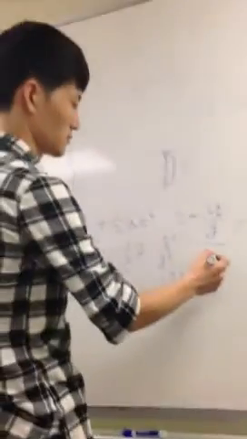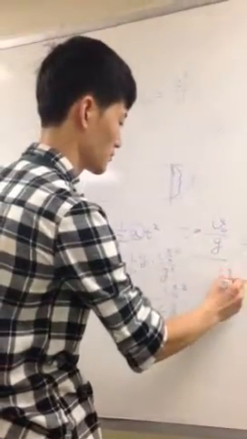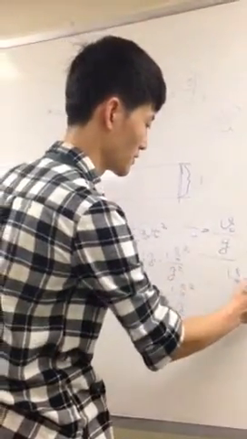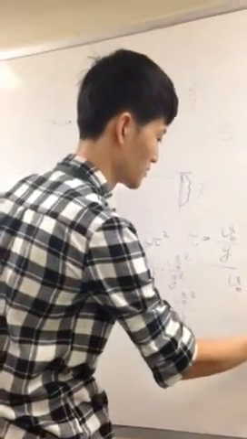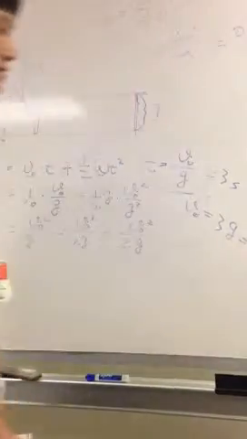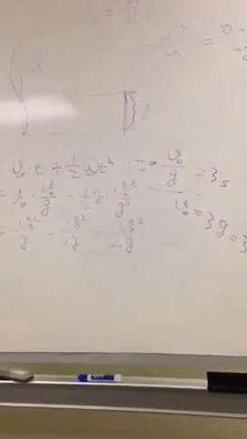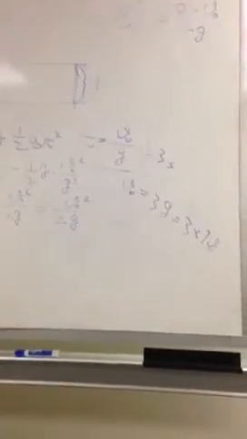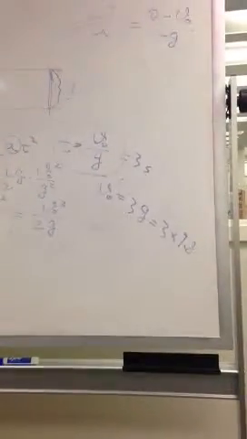Right? So from this, the initial velocity will be 3 times 9.8. That's the initial velocity. Yeah, I see how you did it.